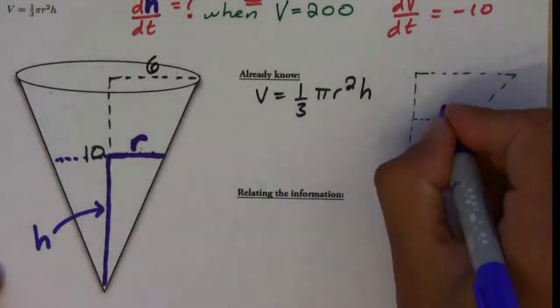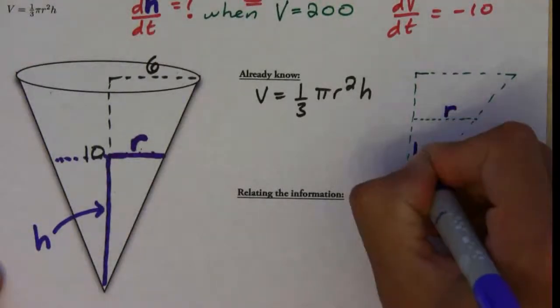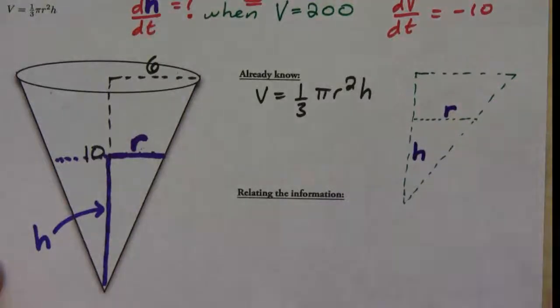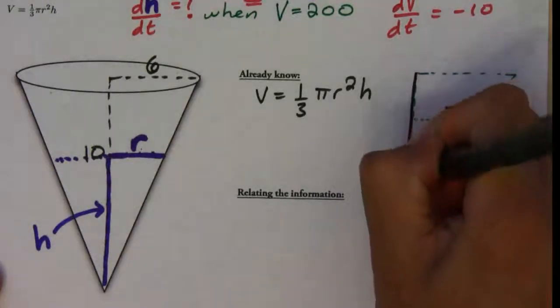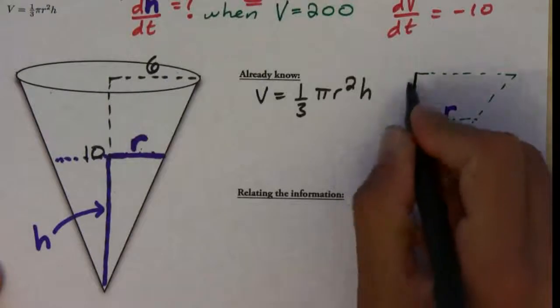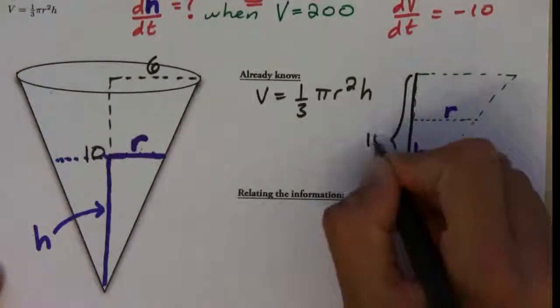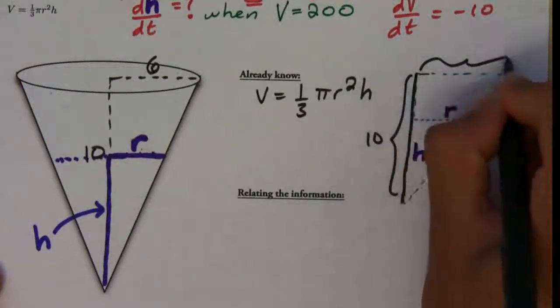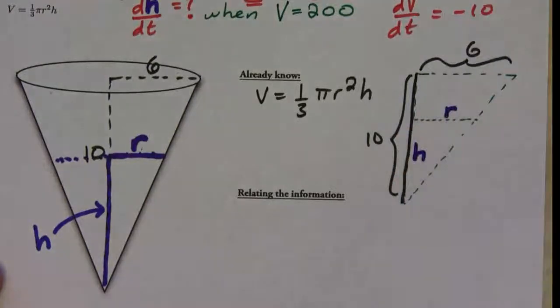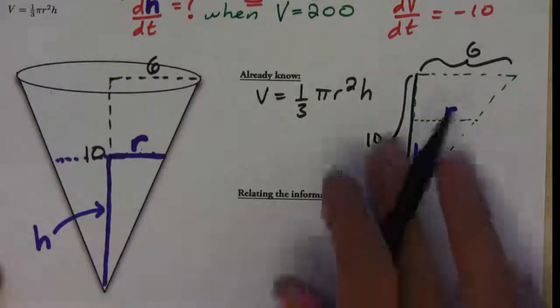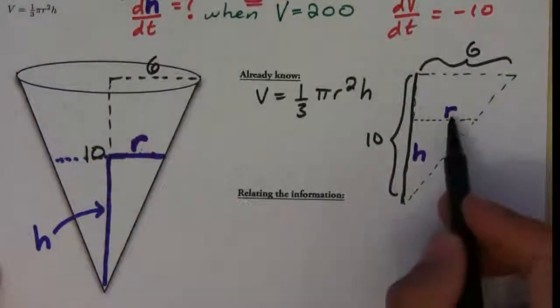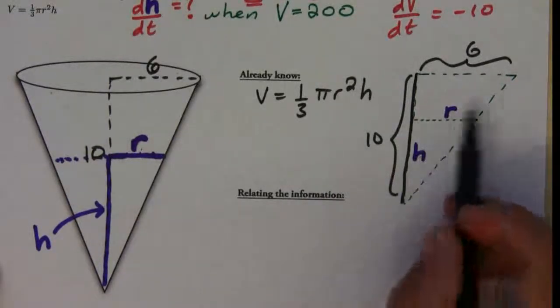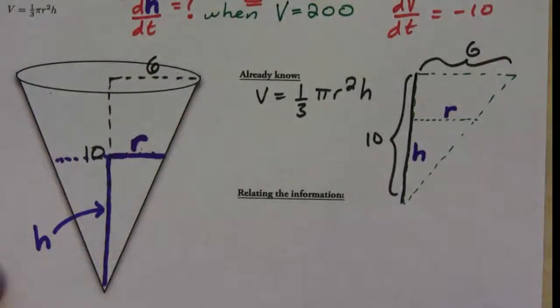And you notice that these are what we call similar triangles. Since these are similar triangles, that means you can use this information to write the radius in terms of the height or the height in terms of the radius.